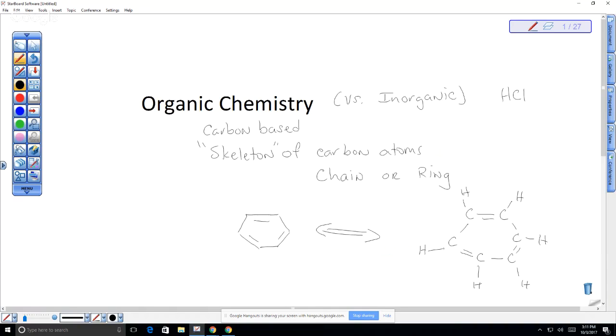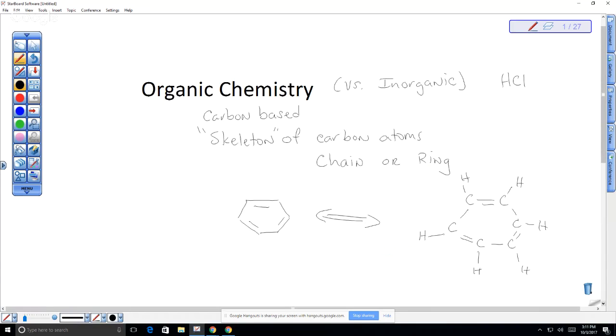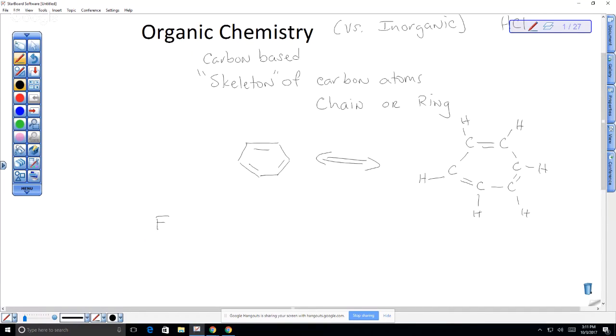Okay, so from the skeleton of carbon, then we have functional groups attached, right? So we also have functional groups attached. And this, how the skeleton of carbon is actually determines how it interacts with other types of molecules.